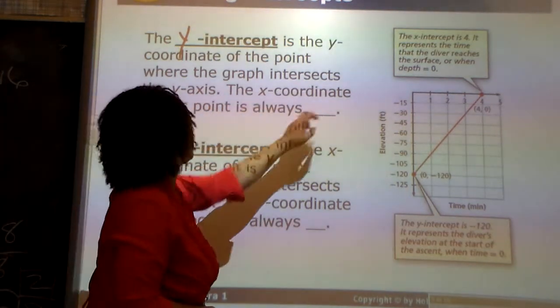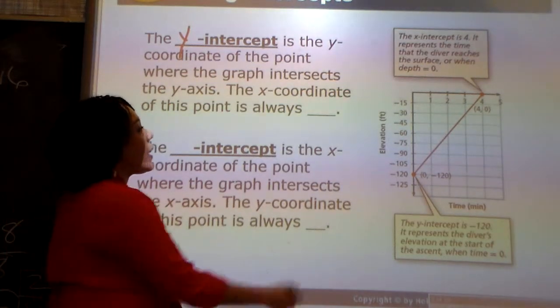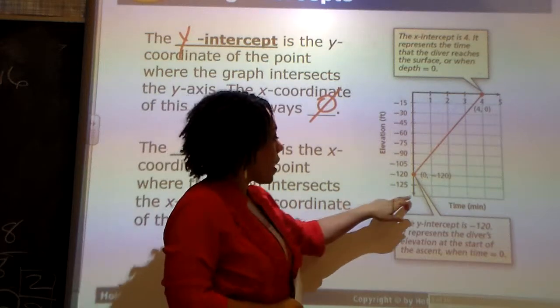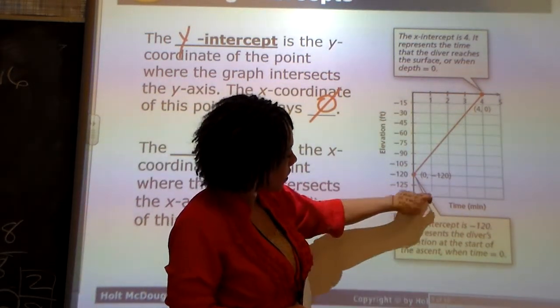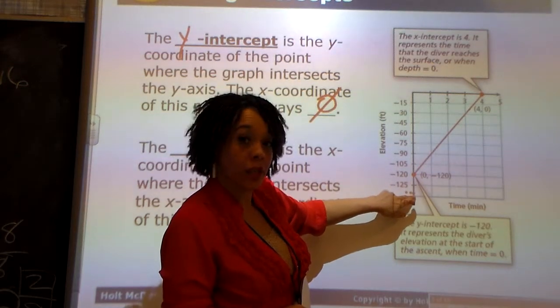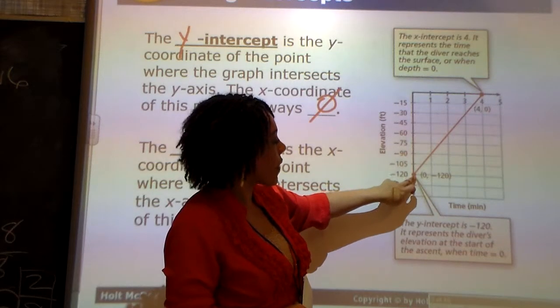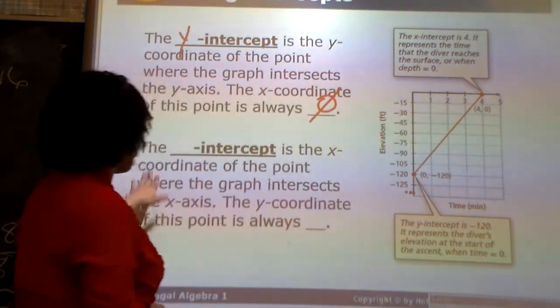The x-coordinate of this point is always what? Well, here it's always 0. This is something for you to learn. So wherever the line crosses the y-axis, you're always going to be at 0 for your x-coordinate.